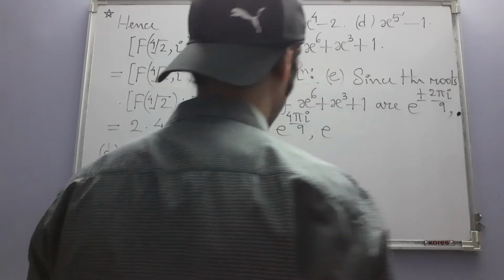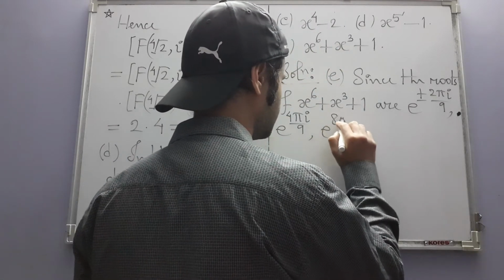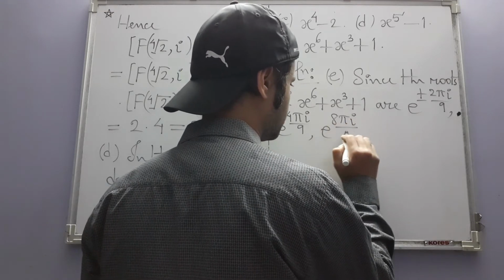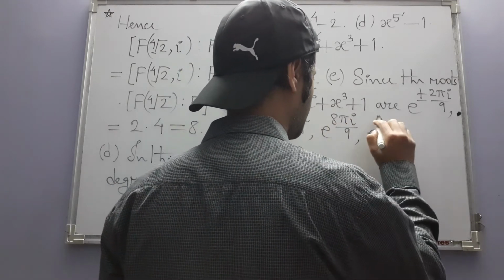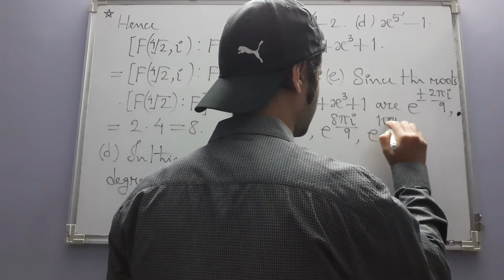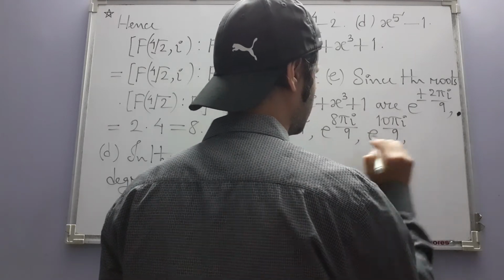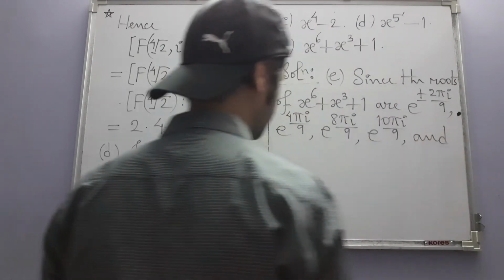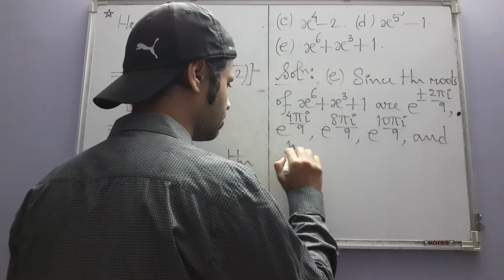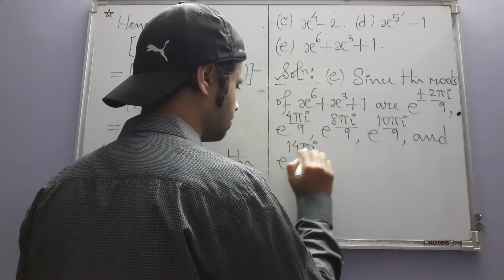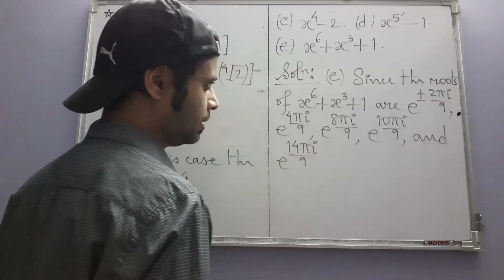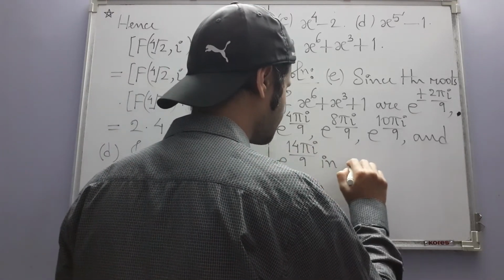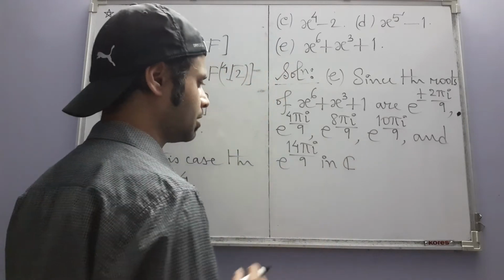No, 6 is not there, but 8 is there. 10 pi i divided by 9 and e to the power 14 pi i divided by 9. These are of course complex numbers.